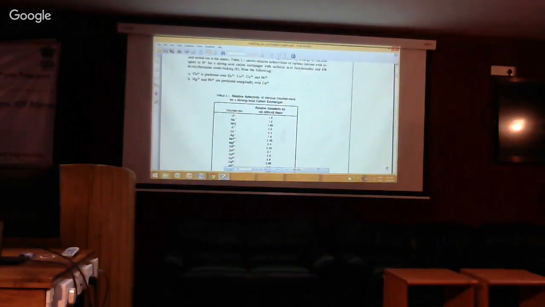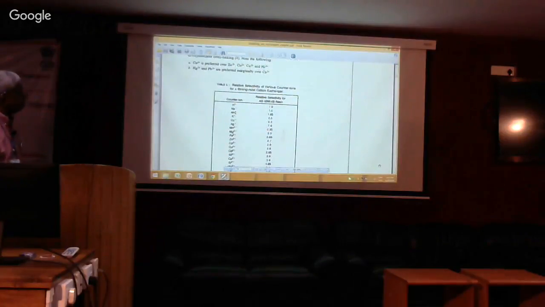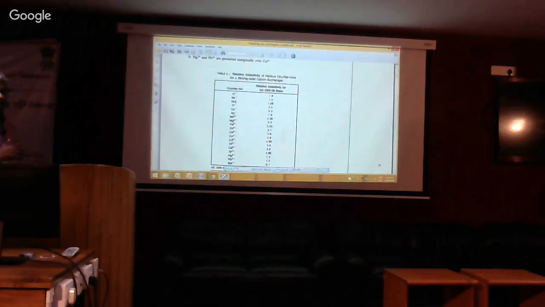So this is this famous resin which has been used for demineralization for more than 50 years, I would guess. And it sells in tons because many industries need demineralized water or ultra pure water. So it's a very popular resin.